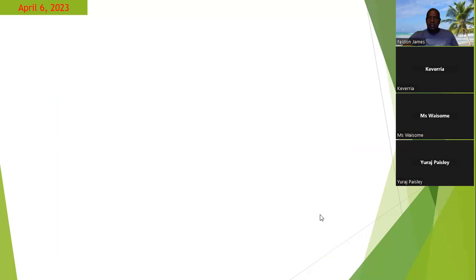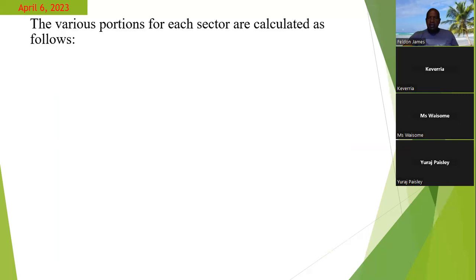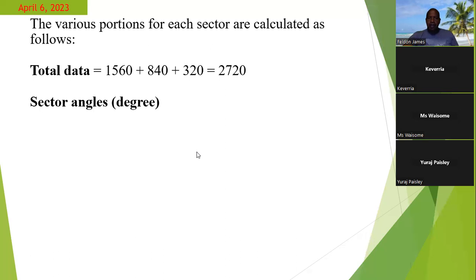All right. So that's how we're going to calculate the sector angles. First we need to add up all the portions to get the total, because we know that the total will represent the full circle. Now, to calculate the sector angles, we calculate for each portion, putting each portion as a fraction of the total times 360.